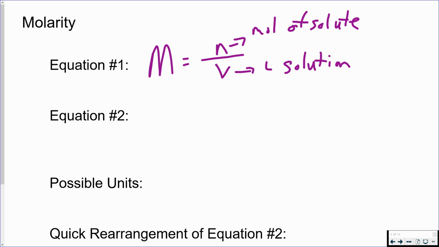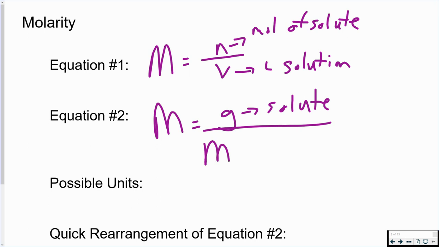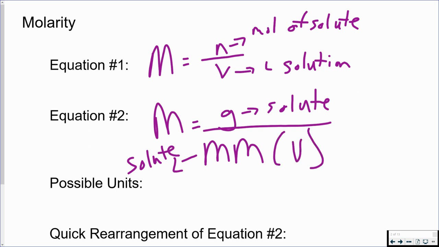Now, what you can also do is you can have molarity equal to grams of solute over the molar mass, also of the solute, times volume, and this would be of the solution.